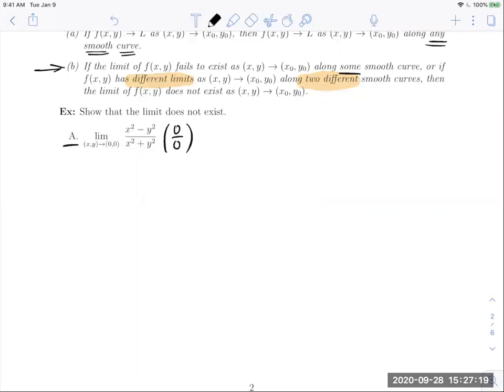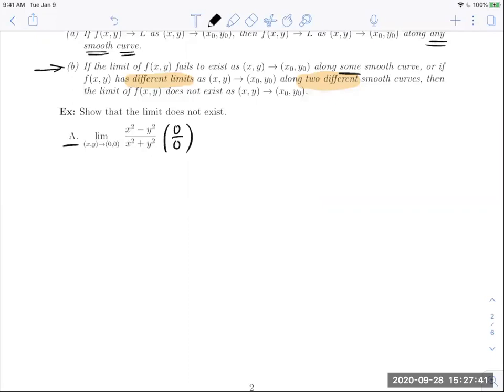Now, students oftentimes are like, oh, 0 over 0, I want to use L'Hopital's rule, which is great in functions of one variable because the derivative is well defined. But if you want to apply L'Hopital's rule here, what do you mean by the derivative of the top or the derivative of the bottom? We have two different variables. So what are you taking the derivative with respect to?